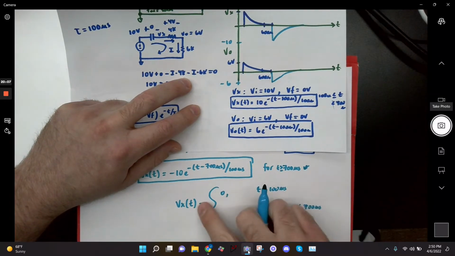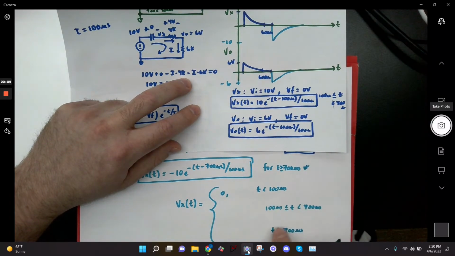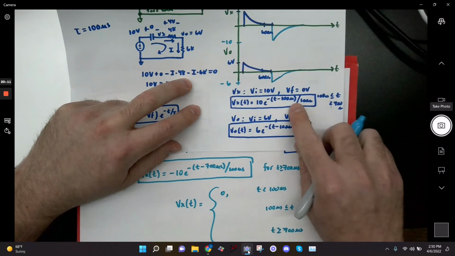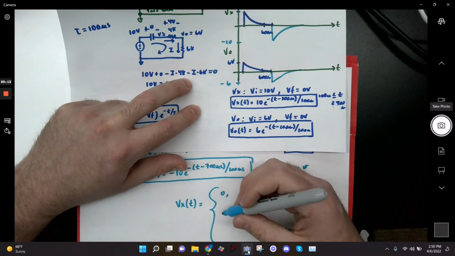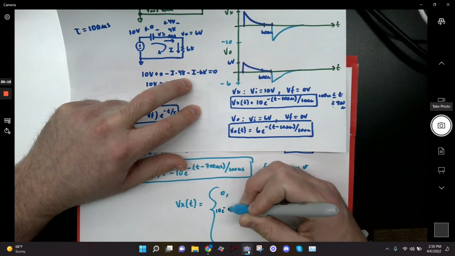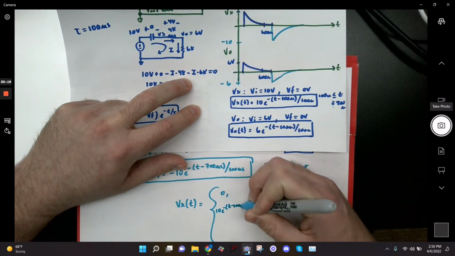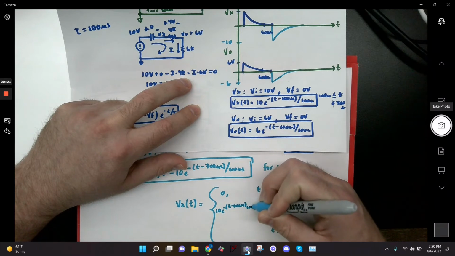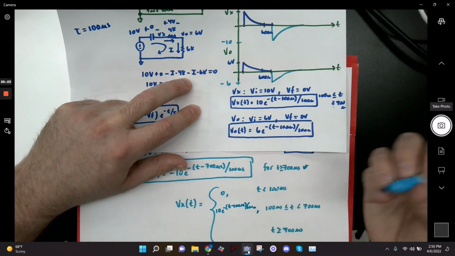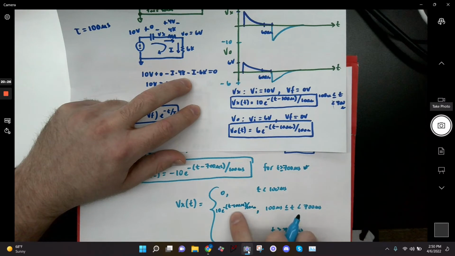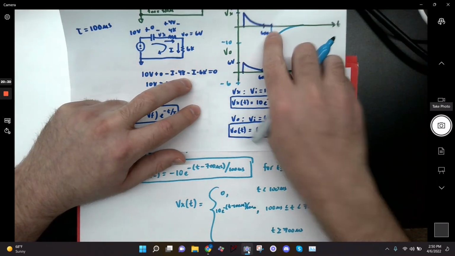So Vx of t is 0 over this time span. Over this time span, it's that first equation that I came up with. So I would write 10 e to the minus (t minus 100 micro) over 100 micro. Okay? So that equation holds true over this time span, from 100 to 700.